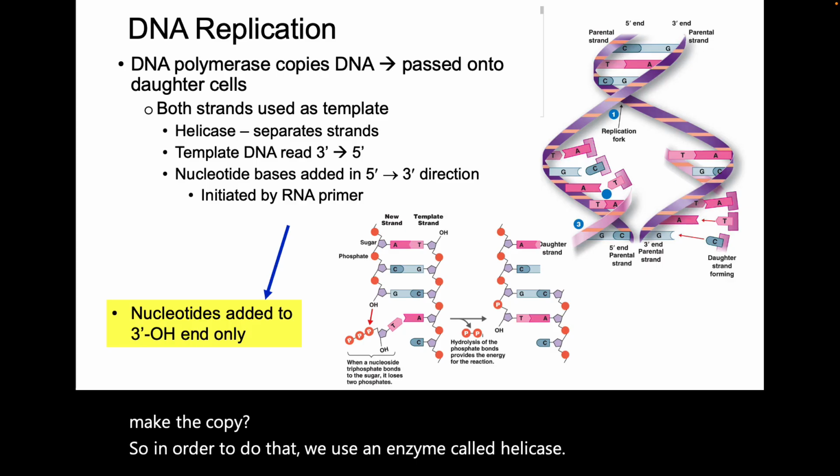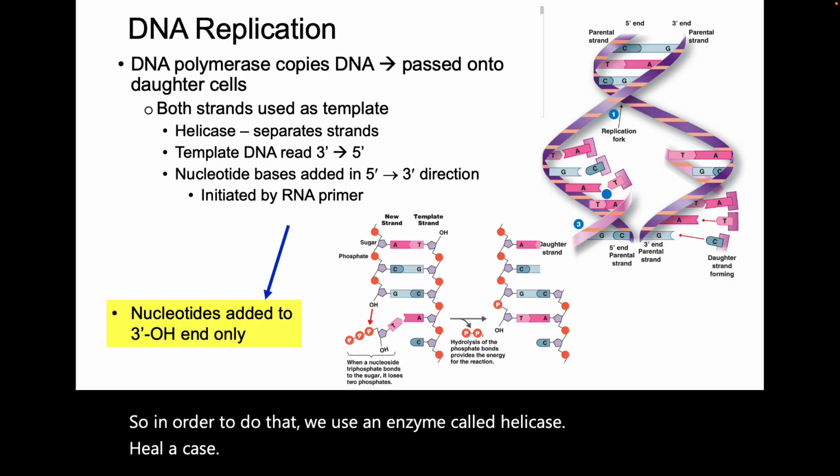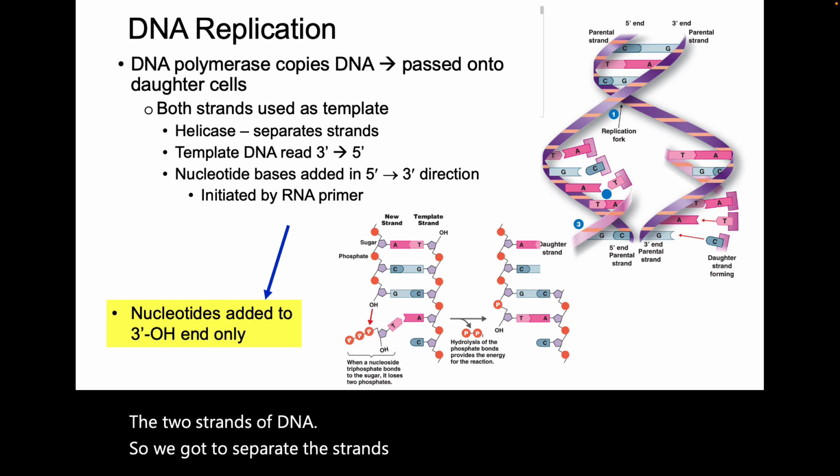Helicase is capable of basically breaking those hydrogen bonds to separate the two strands of DNA. So we've got to separate the strands of DNA so that we can get all the machinery in there.